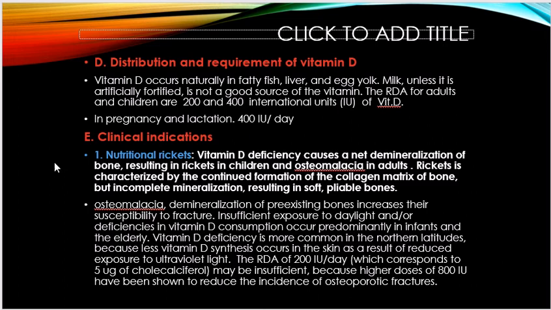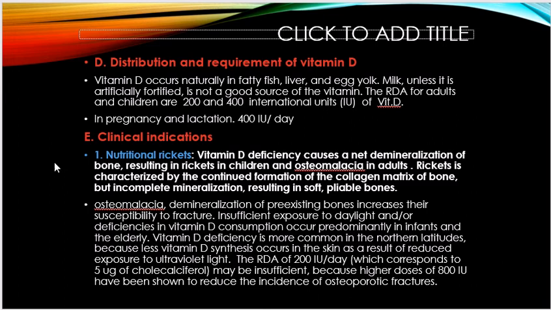Now we'll discuss some clinical conditions which are associated with vitamin D. One is nutritional rickets. Vitamin D deficiency causes a net demineralization of the bone, resulting in rickets in children and osteomalacia in adults.